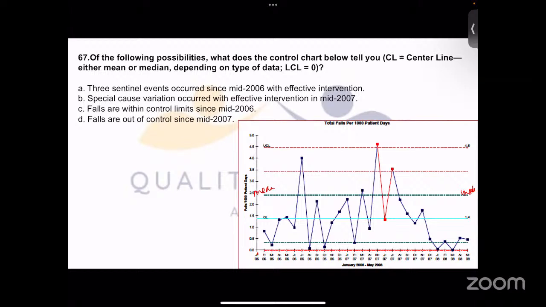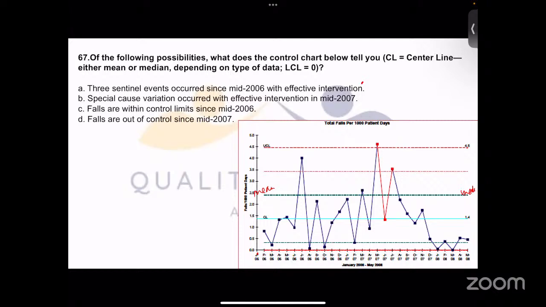So letter A, we have choices. 3 sentinel events occurred since mid-2006 with effective intervention. B, special cause variation occurred with effective intervention in mid-2007. C, falls are within control limits since mid-2006. D, falls are out of control since mid-2007.